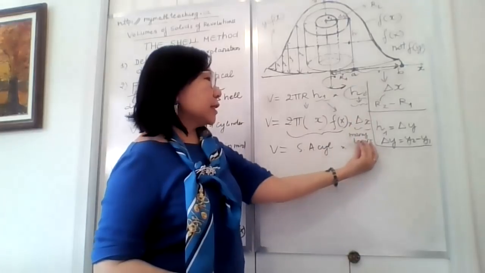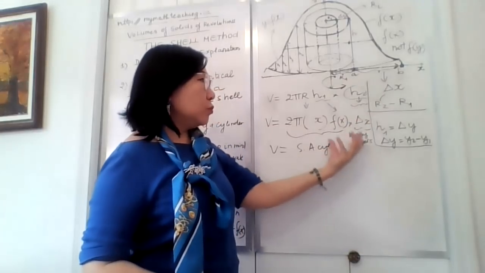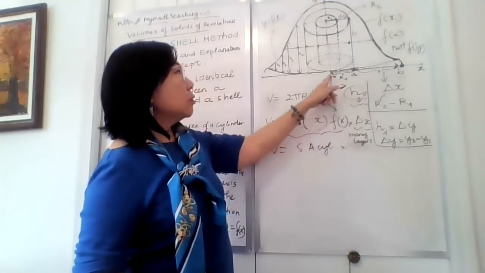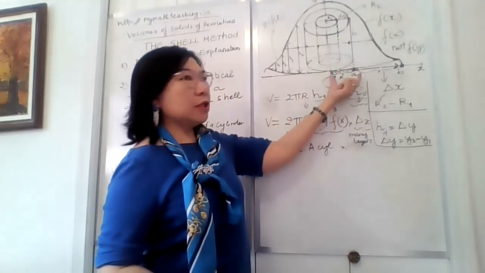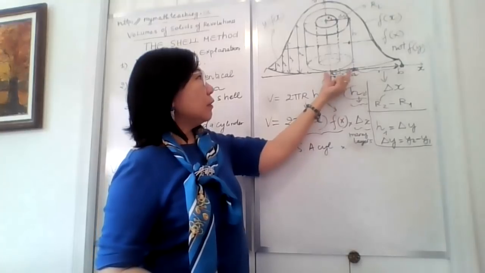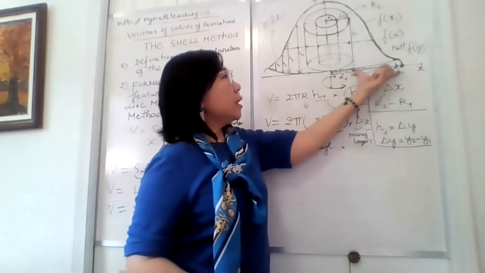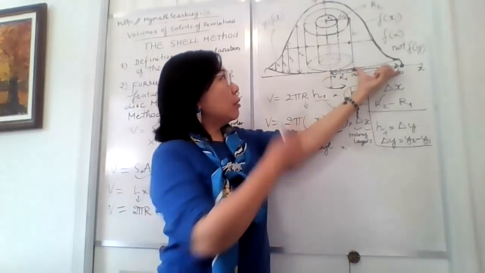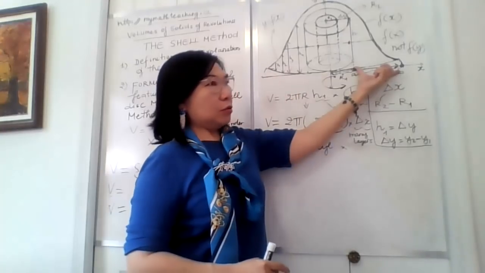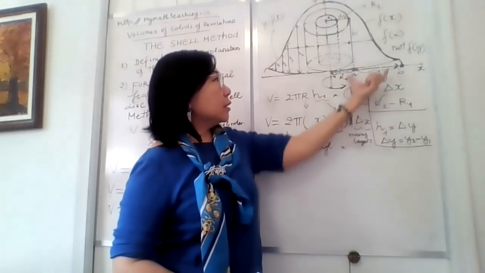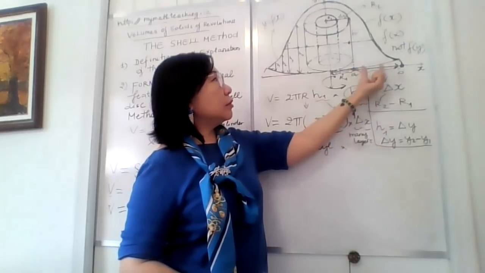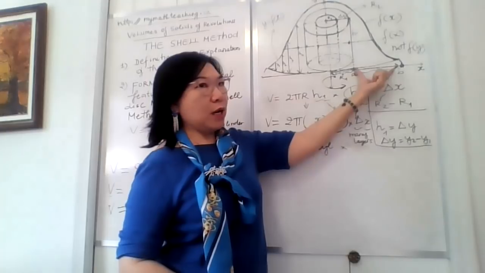So this delta x will disappear when we do the iteration, because we're going to replace it. If we use the iteration technique, we generate from A to B to build the thickness of our cylindrical shell. So this delta x here is actually the radius R2 minus R1.